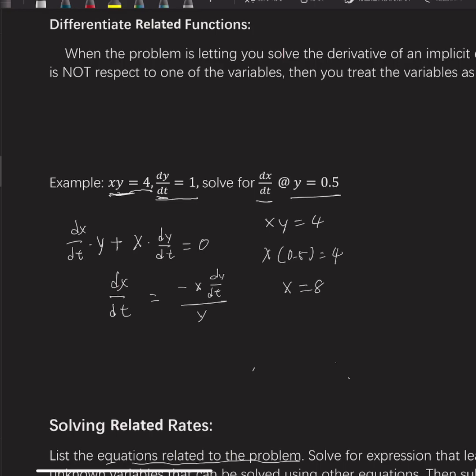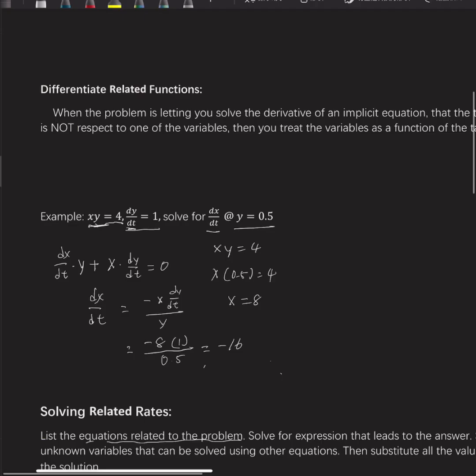Now we have all the variables to solve dx/dt. Let's substitute in all the values. That's negative 8 multiplied by dy/dt, which is 1 given in the question, divided by 0.5. That is equal to negative 16. And that is our answer for related equations.